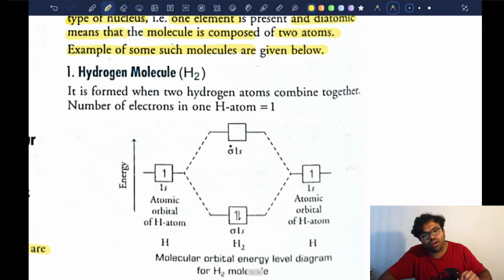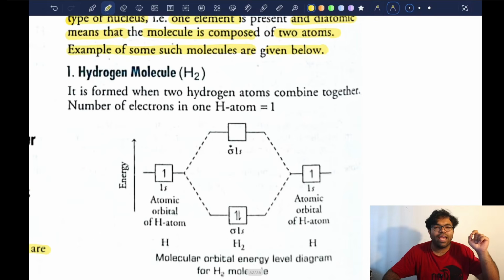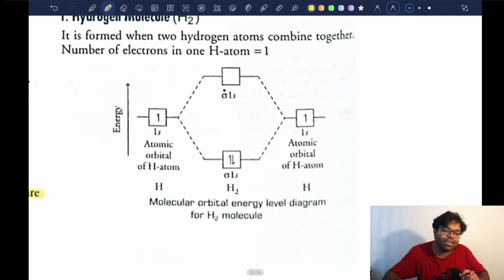Now, both the electrons are going to get filled in one of the molecular orbitals first, and we know the rule: it follows the Aufbau principle. It means that every molecular orbital at a lower energy level will get filled up first. Since sigma 1s is at a lower energy level than sigma star 1s, sigma 1s is filled first, and sigma star 1s does not have anything. So both the electrons went inside the sigma 1s orbital.